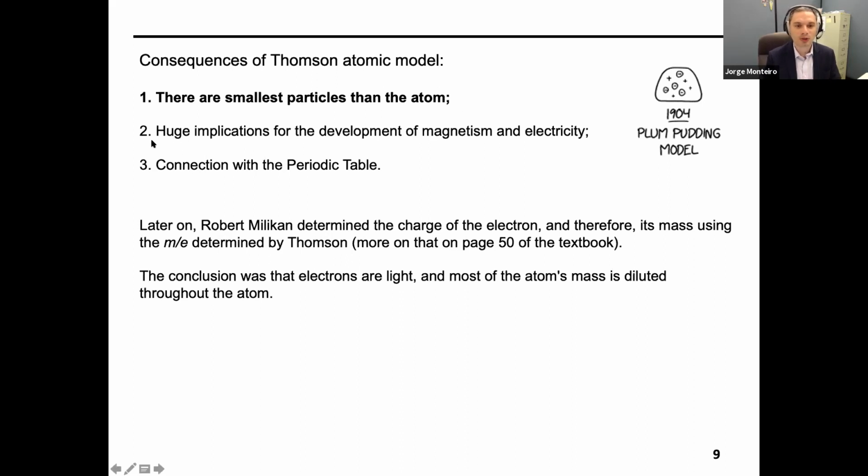There were huge implications for the development of magnetism and electricity, and there was some loose connection here with the periodic table in a sense that each element will have a different amount of electrons.